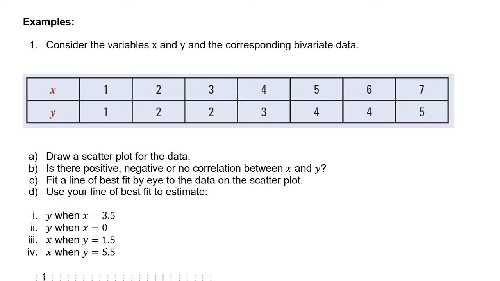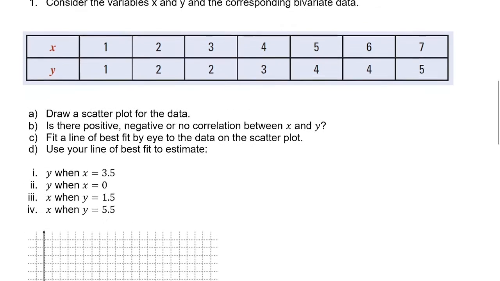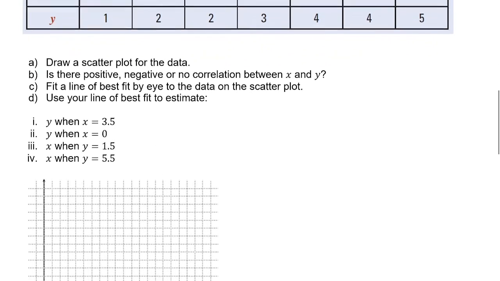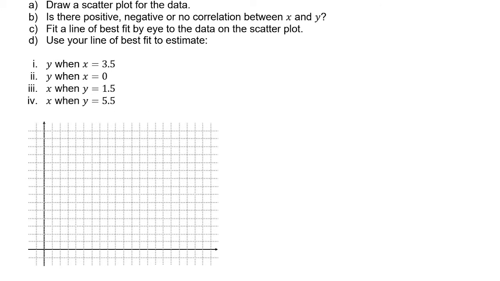First thing first, we need to draw our scatter plot. So there's our data, and there is a nice, freshly made number plane for us to use. So I'm going to give that there, and I'm just going to go 1, 2, 3, 4, 5, 6. I'm just going to go up to 7.